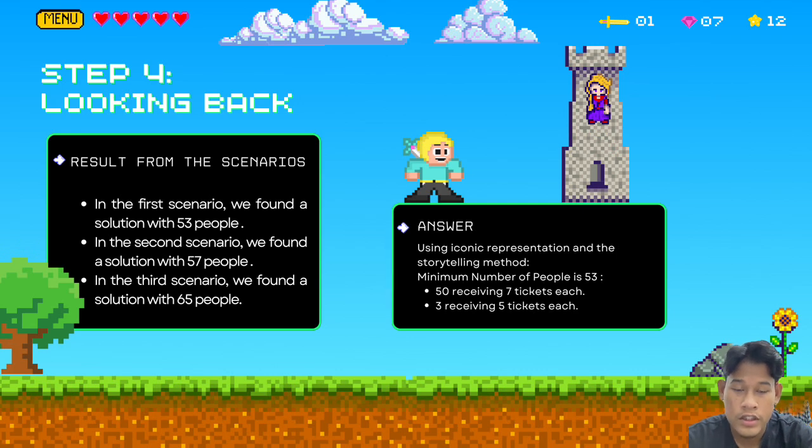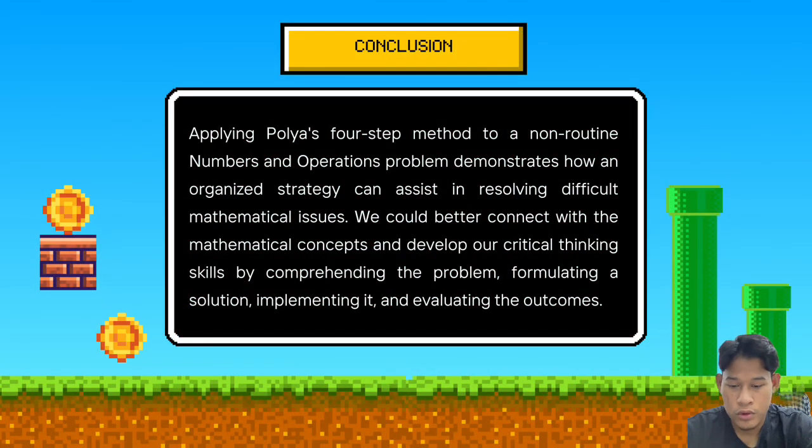So from the 3 scenarios, we got the smallest is 53, which is 50 receiving 7 tickets each and 3 receiving 5 tickets each.